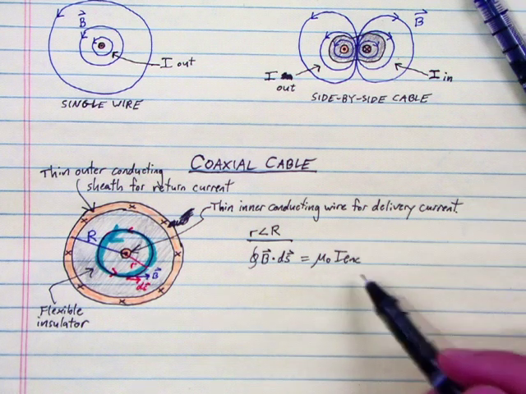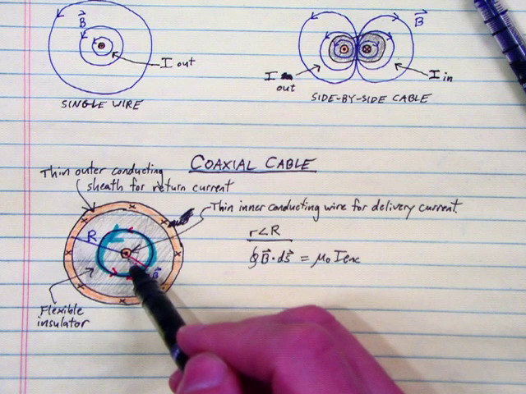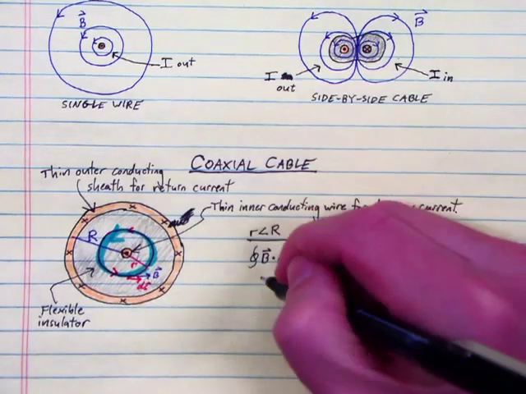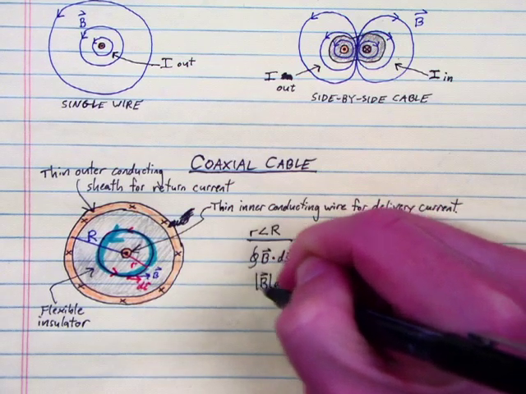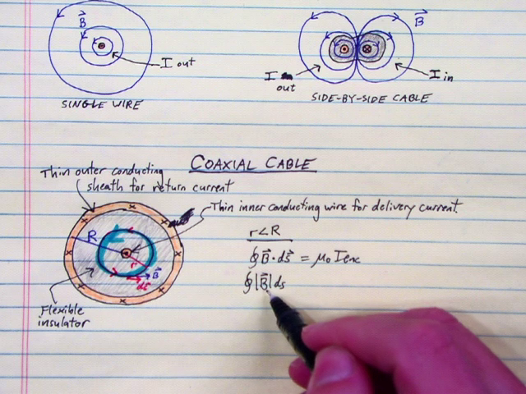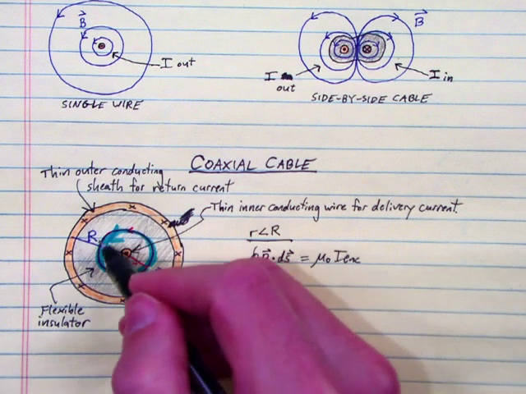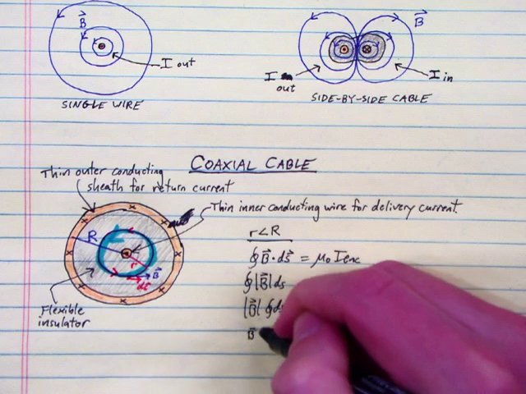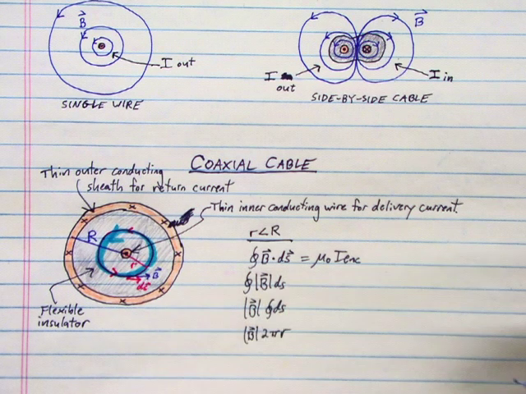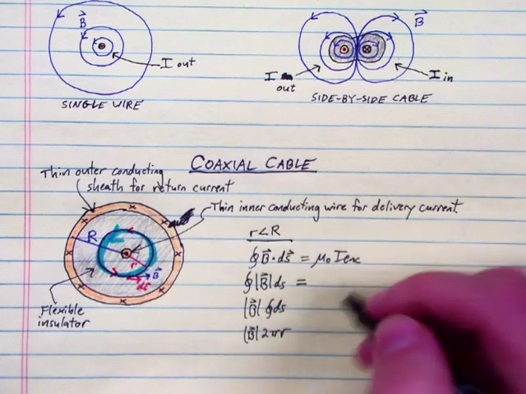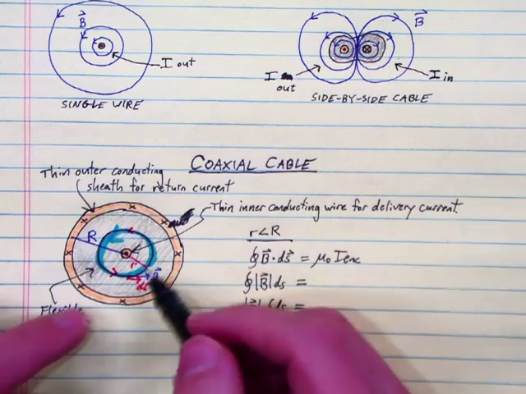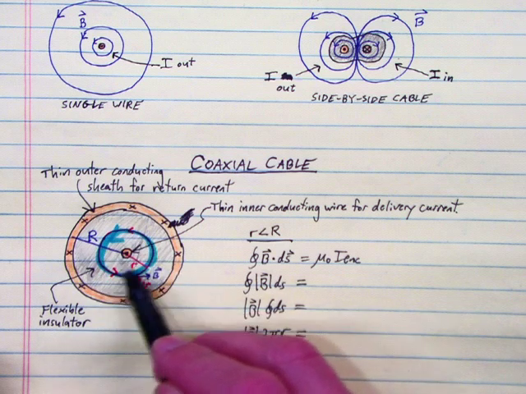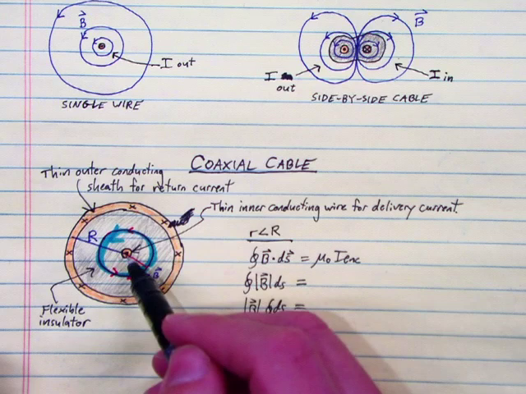Our current enclosed would be the current being delivered on this thin inner wire coming out of the board. So our evaluation here is what we've seen before. B and ds are in the same direction. B is the same value in magnitude at all points on that path, so it comes out of our integral, add up all the ds's, and we get the circumference of that circular path. And our current enclosed, the current penetrating through this open surface bounded by our Amperian loop, that would just be this inner current here.